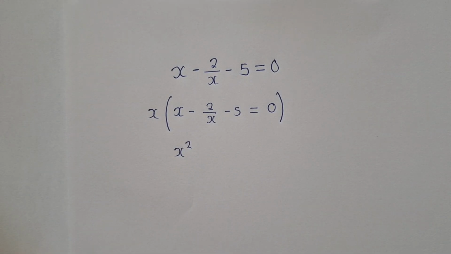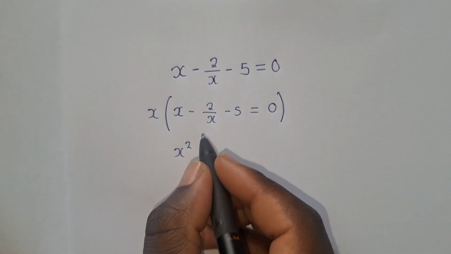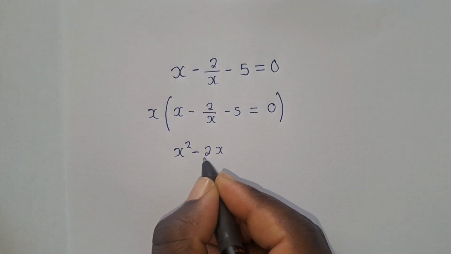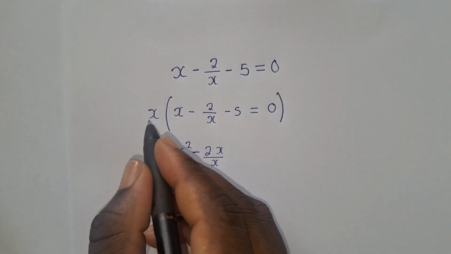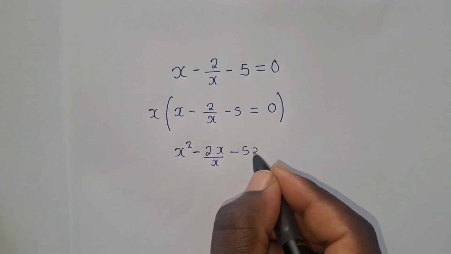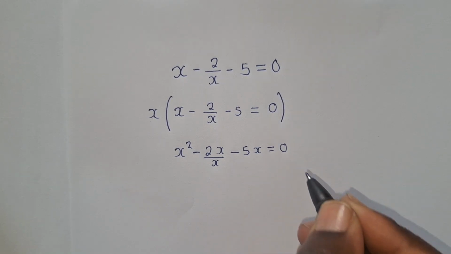And this is what you know when it comes to a quadratic equation. And then x times negative 2 over x, this will give us negative 2x over x. And then x times negative 5, that will be a negative 5x. x times 0 will give us a 0.